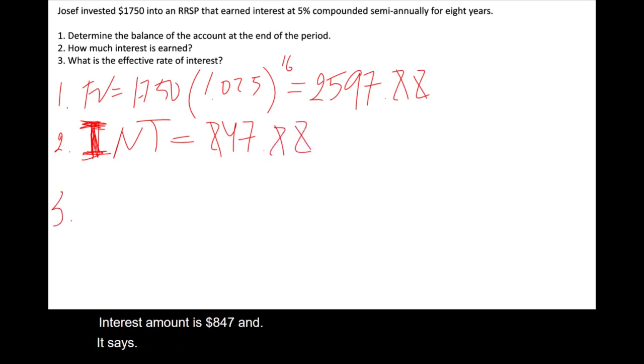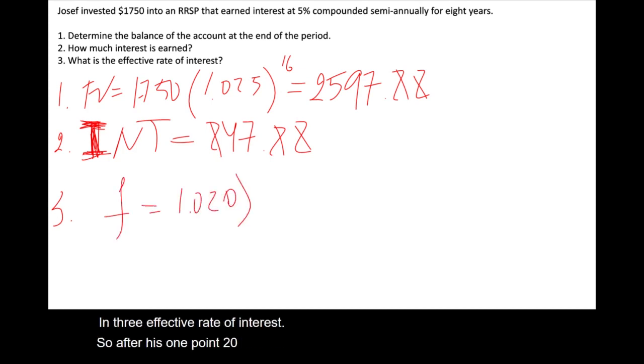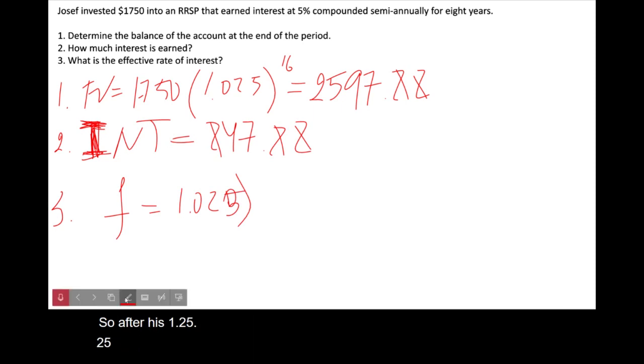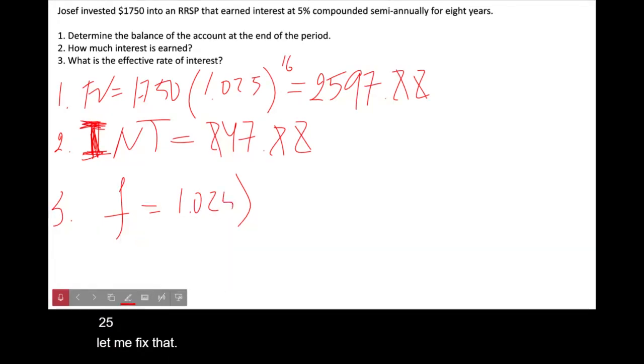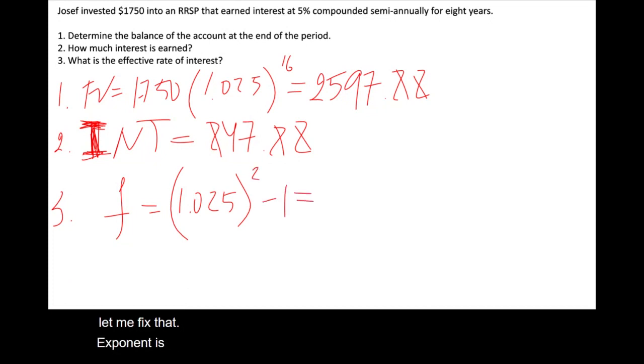And effective rate of interest. So f is 1.025. Oops, let me fix that. Okay, now exponent is 2 minus 1.